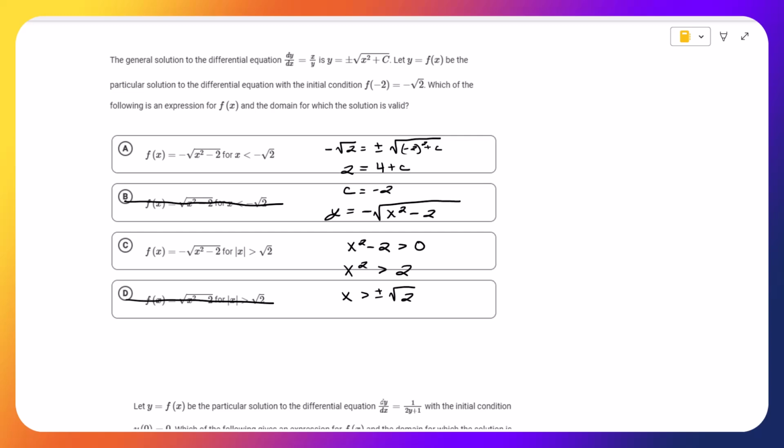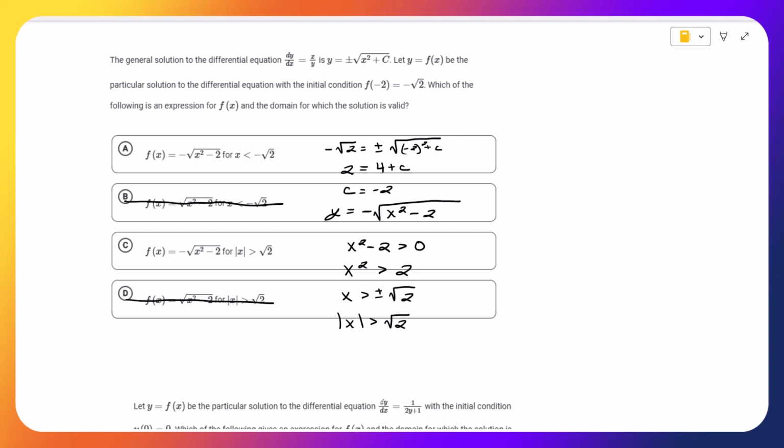And we need to interrogate this a little bit more carefully. This plus or minus, another way we could rewrite that is we could say this is the absolute value of x is greater than the square root of 2. That's a way to deal with this plus or minus.